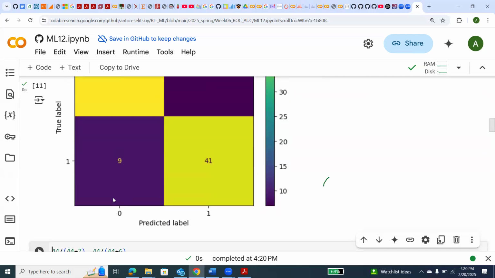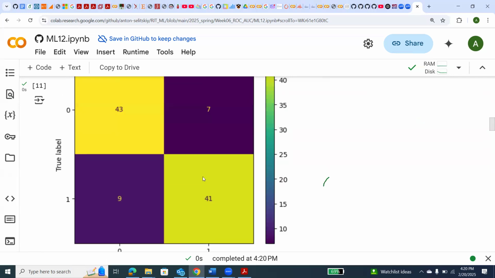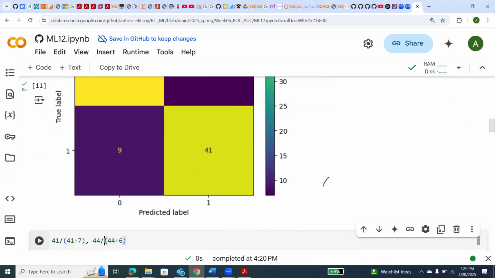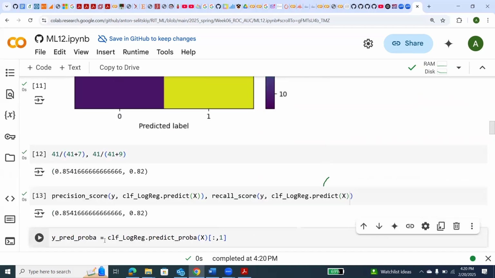So we have 41 true positives, and if we divide by positive predictions, we will get precision, and if we divide by the total number of positives, we will get recall. But you can use built-in functions. This is just a reminder.